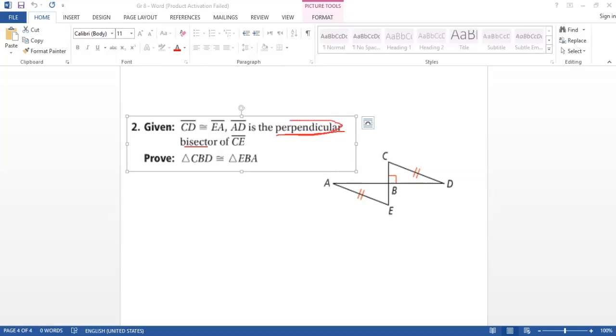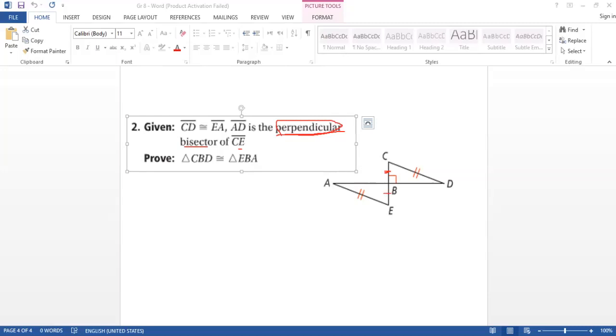Perpendicular means right angle. Bisector means divide it into two parts. So AD bisects CE. AD is the bisector of CE. So this part equals this part.